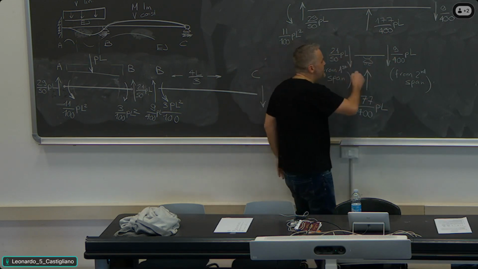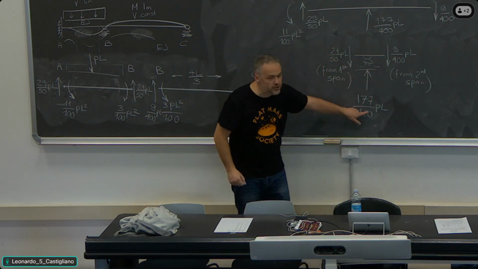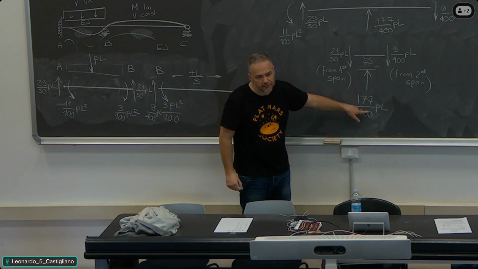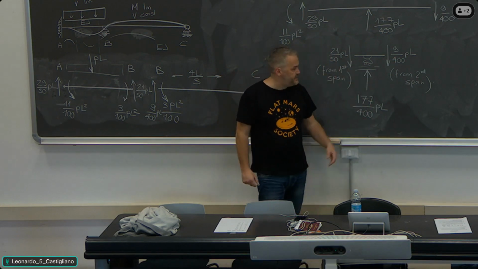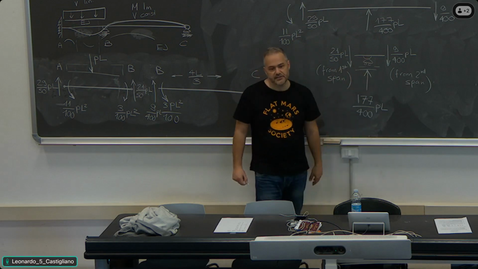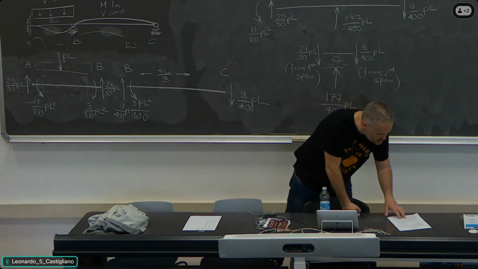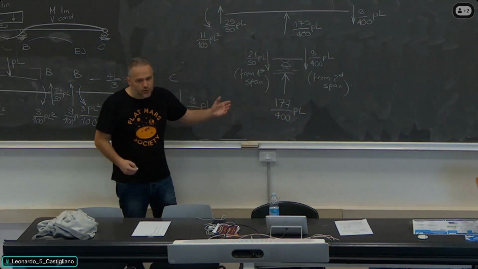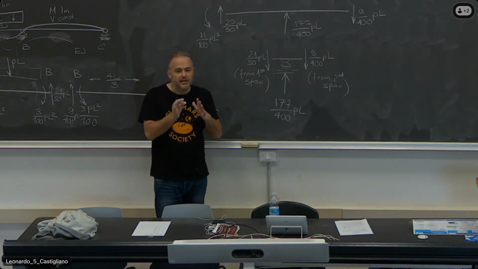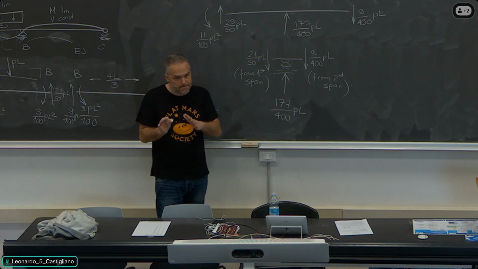So if I'm designing, for example, a foundation under this point, the value which I use is 177 over 400, because that's the load which is acting at this point on the reference system. Got it? This point, no, this point it's B. It's exactly meant to see whether you have clear the difference between a restraint force and an internal force. Okay?